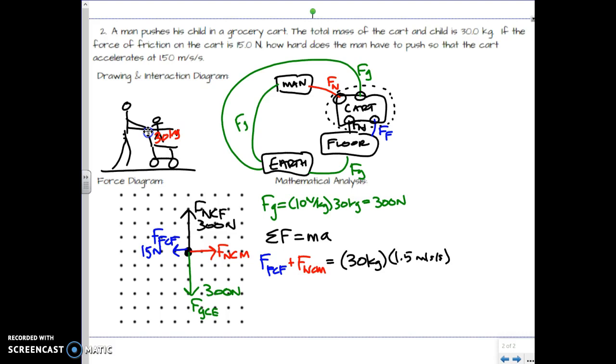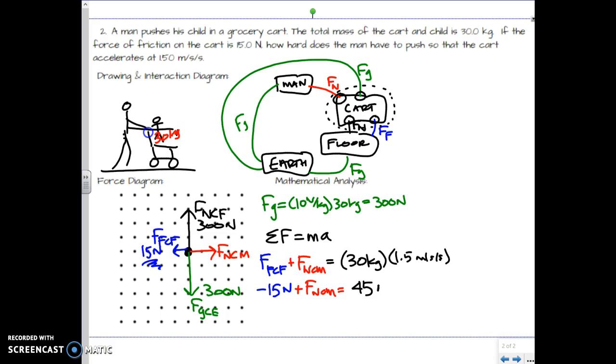So now we have this equation. We still have 2 unknowns here, but we actually knew over here that there's 15 newtons of friction. Because it's pointed to the left, let's call that negative 15 newtons, plus the pushing force of the guy on the cart is equal to 30 times 1.5, which is about 45.